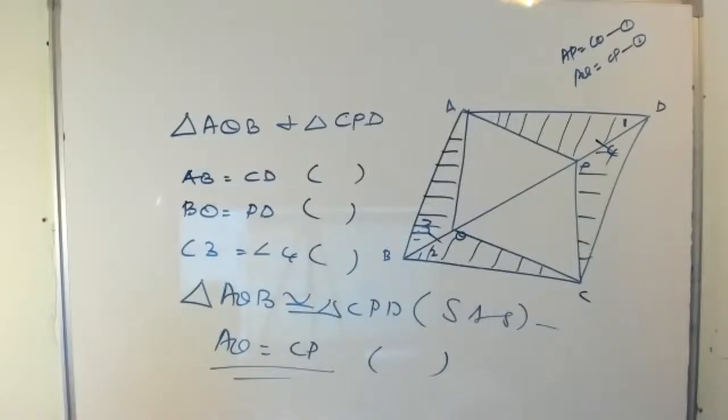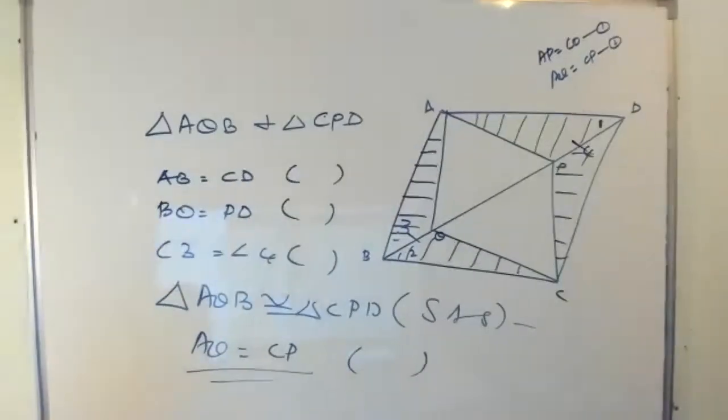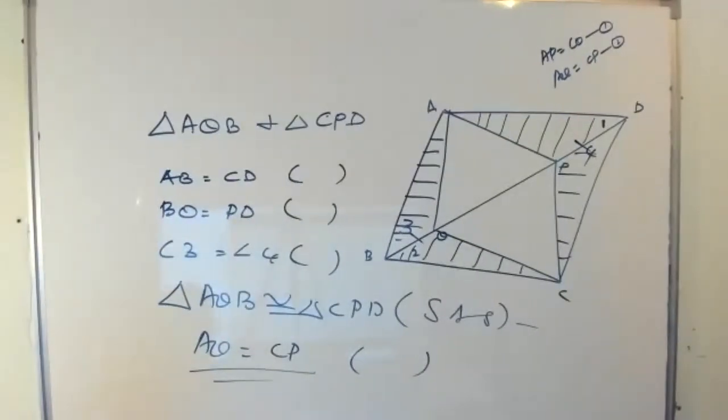My question is from 1 and 2, what will we get? AP equal to CQ and AQ equal to CP. So opposite sides are equal. Therefore, APCQ is a parallelogram.